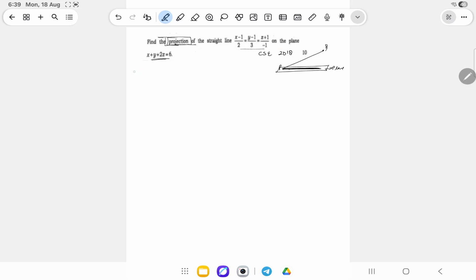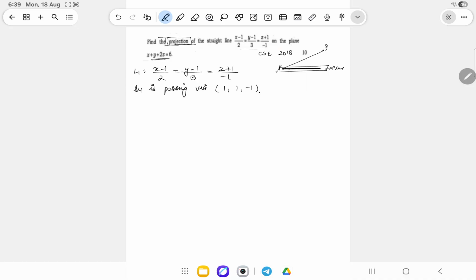So the given line L1 is x minus 1 by 2 equals y minus 1 by 3 equals z plus 1 by minus 1. So L1 is passing via the point 1, 1, minus 1.